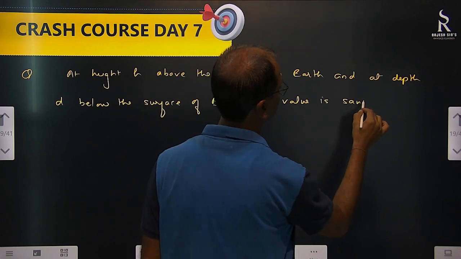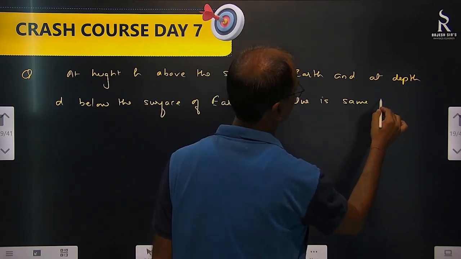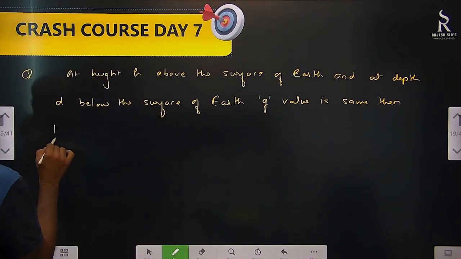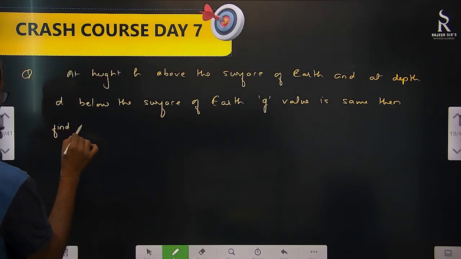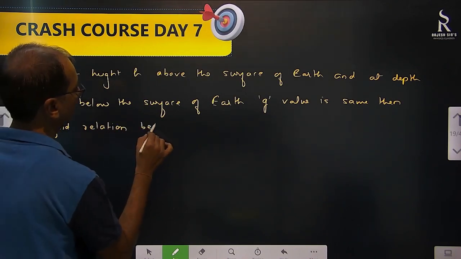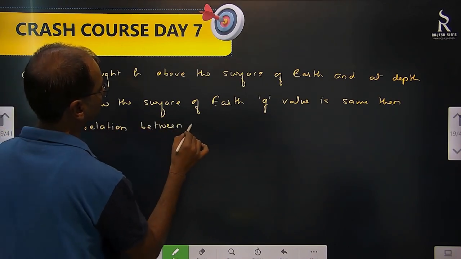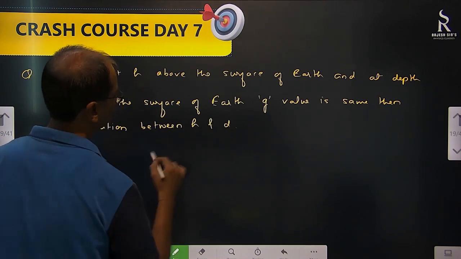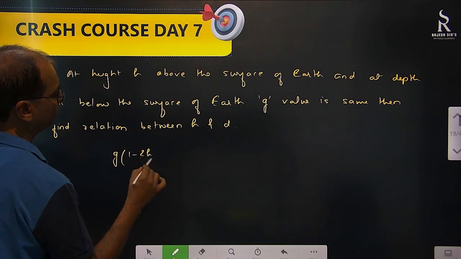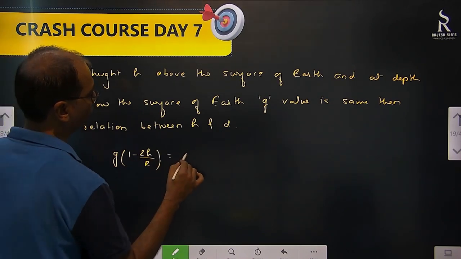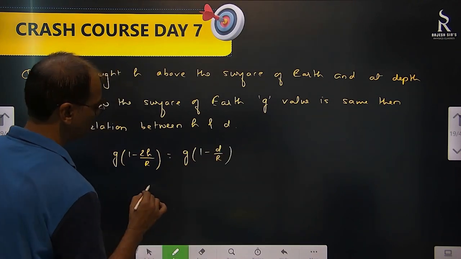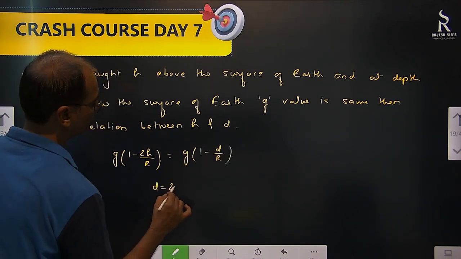Then find the relation between h and d. Easy. At height h, what is the value of g? 1 minus 2h by R. Below, what is the value? 1 minus d by R. So the answer: d equal to 2h.